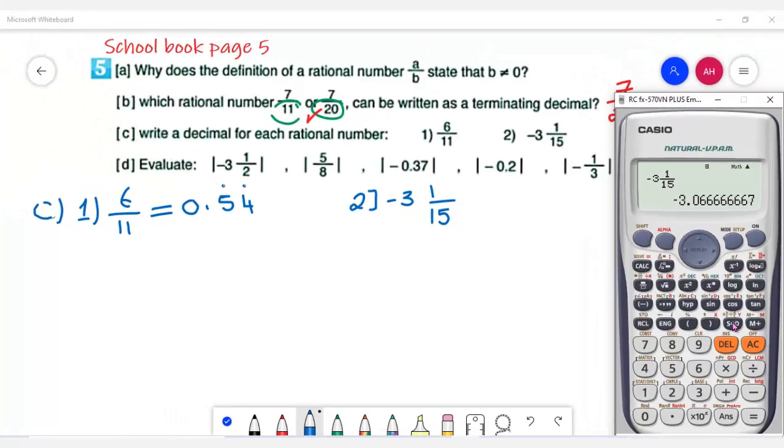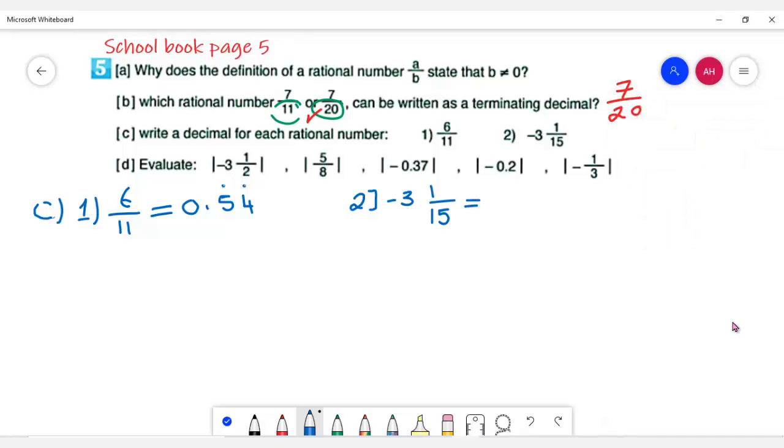So simply I can write it as -3.06 and add a dot above the 6 to say that this 6 is repeated. Going now for number D. Before we start number D, we want to remember that the absolute value of a negative number is always the same number but positive, without the negative sign.